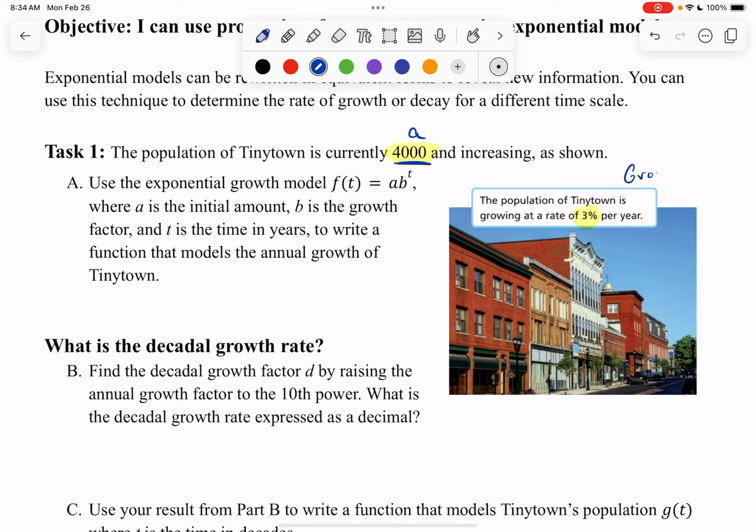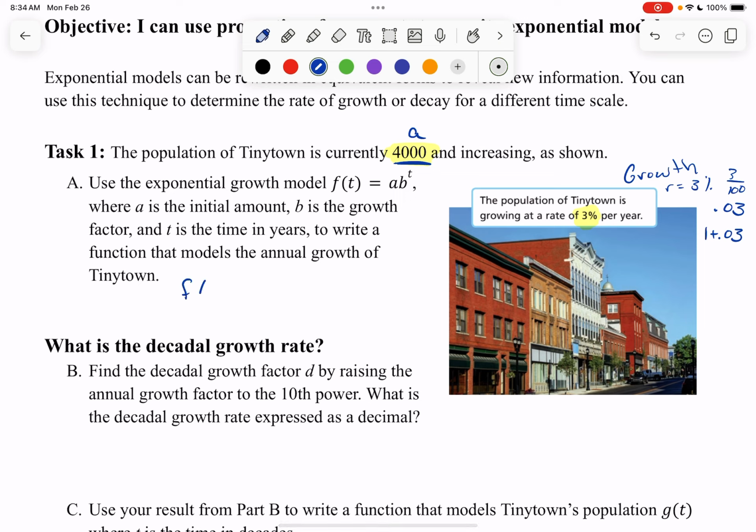So this is growth. So I know my rate is 3%, which is 3 per 100, which then ends up being 0.03, and that's growth. So that's how much it's growing. So my growth factor would be 1 plus 0.03.